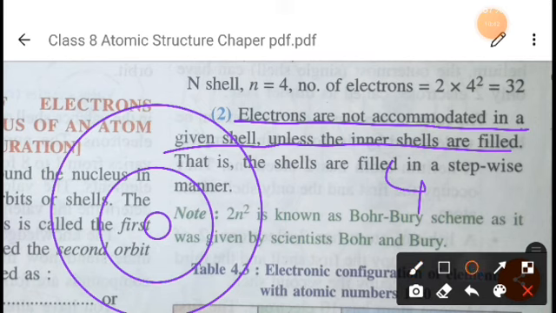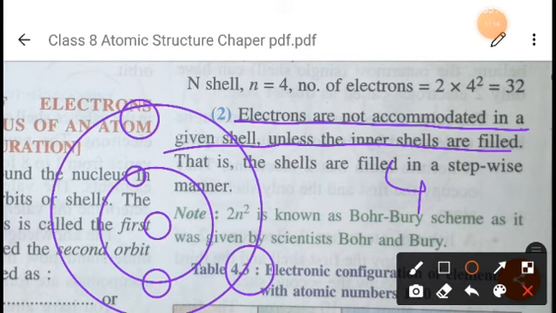First of all, 2 electrons will come here. After that only the 2 electrons will go here. It is not like 3 electrons will be here, because the maximum electrons it can accommodate is only 2, right? It is not like only 1 electron will be here, only 1 electron there, and 3 electrons here. It will not be like this. First of all these 2 will fill, then the other 2 electrons will go in the next orbit.